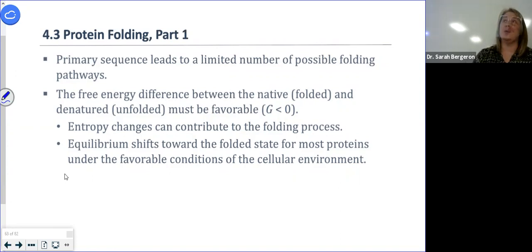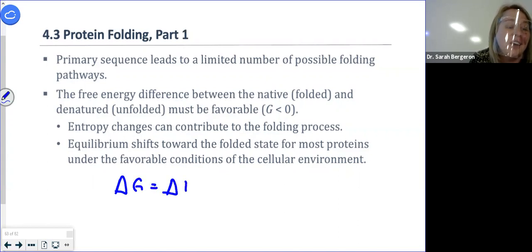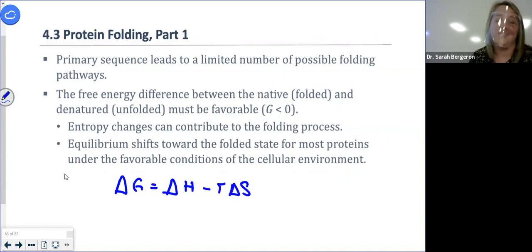And so you have to look at whether or not this protein sequence is going to fold. Well, that's all dependent upon energy, right? So Gibbs free energy, what is Gibbs free energy dependent upon? Equal to delta H minus T delta S, right? Okay, so entropy and enthalpy, these are two things that we kind of have to think about, right?